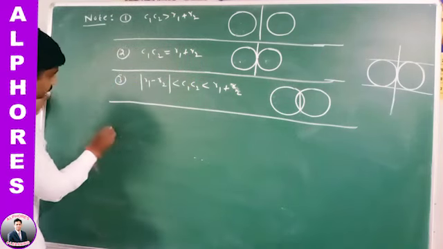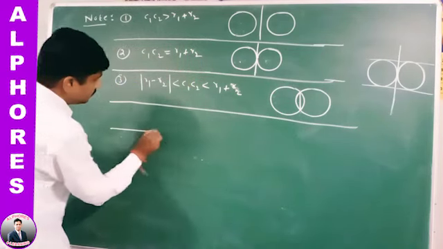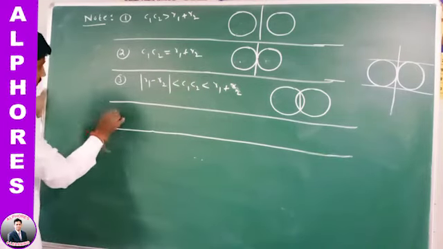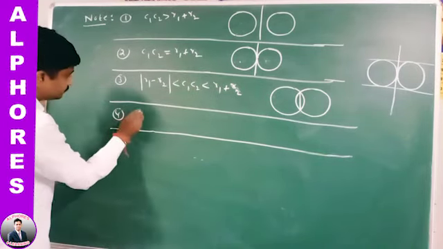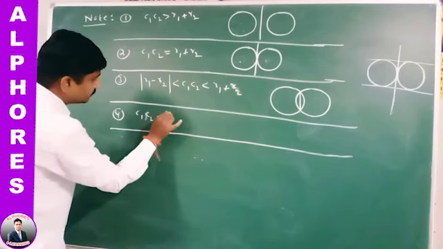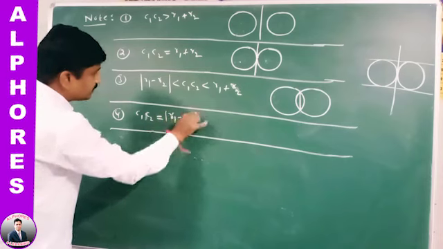Next, we have 5 conditions total. Fourth one, C1 C2 equal to modulus of R1 minus R2.